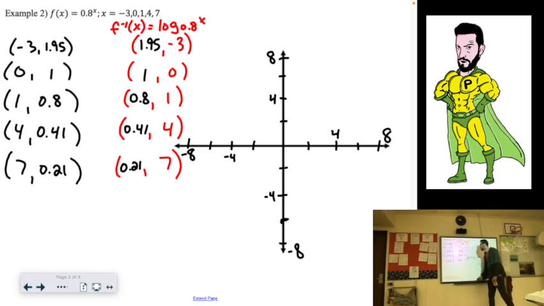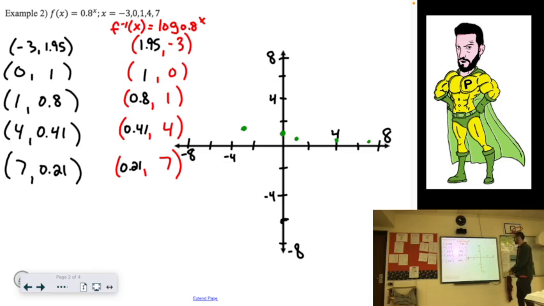All right, the first one, we have -3 and 1.95. Here's -3, here's about 1.95. We have 0, 1. We have 1 and 0.8, there-ish. 4, 0.41, that's about half of that, and 7, 0.21, that's half of that.